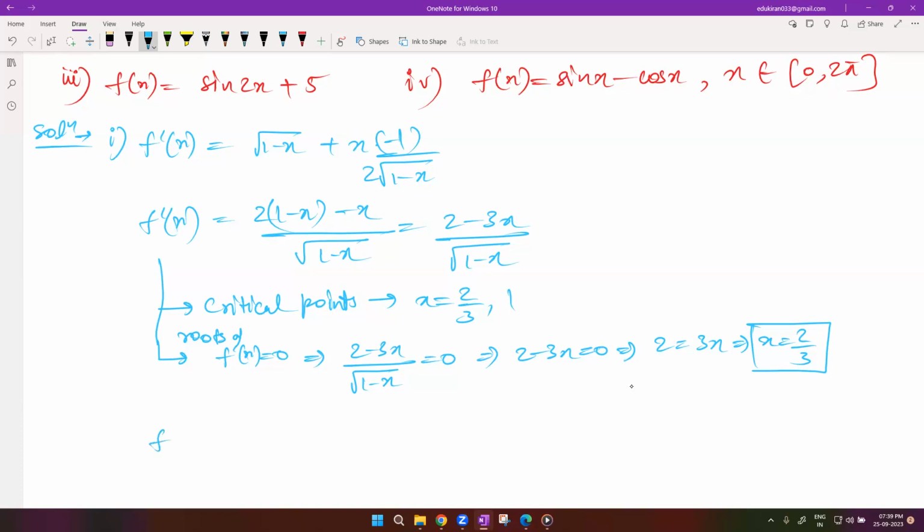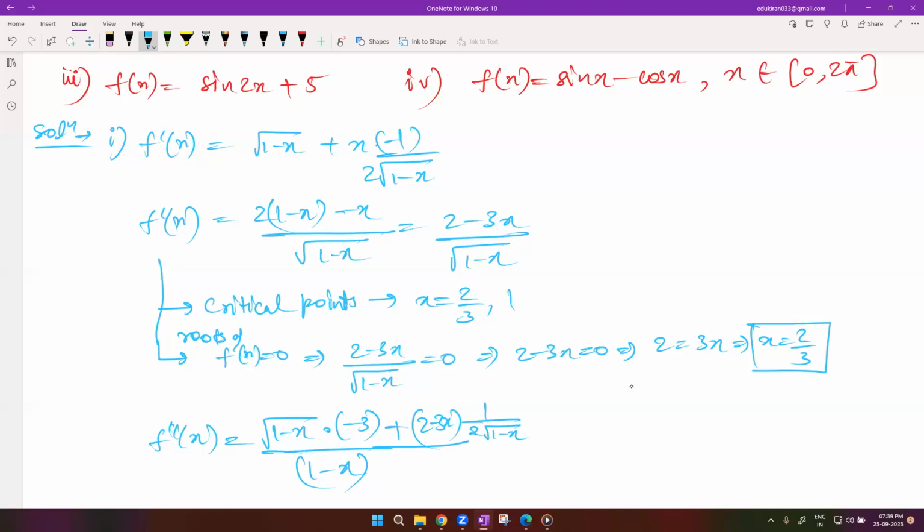But if not, then you can also go through f double dash x. And in that case, your differentiation would be root over 1 minus x, then the differentiation of this, which would be -3, minus, then your 2 minus 3x as it is, and this would be 1 over 2 root over 1 minus x.